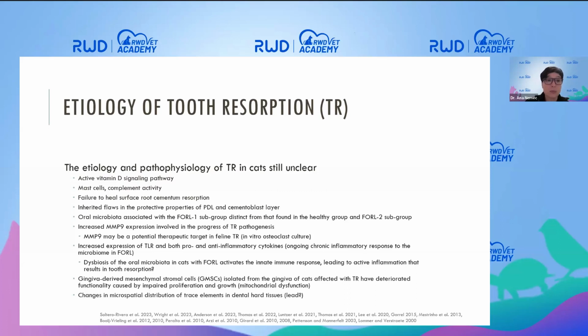Several mechanisms were proposed, including vitamin D signaling pathway. Nowadays, some more studies are looking into oral microbiota, activation of matrix metalloproteinases, mesenchymal stem cells, microspatial distribution of trace elements. So many aspects of how researchers try to elucidate this process, but we still do not know why this is happening.